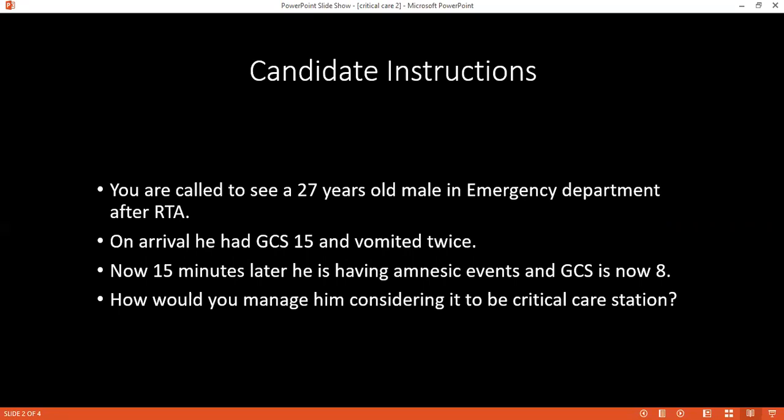Yes. After that, there is a deterioration of the patient's condition and a decline in consciousness. Okay, can you please tell me what is the pathophysiology behind the increased ICP?